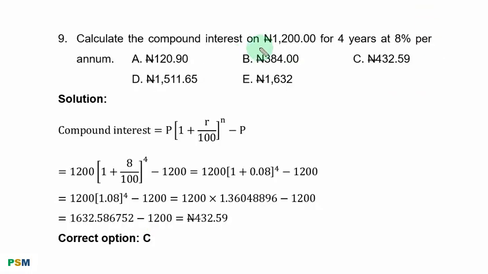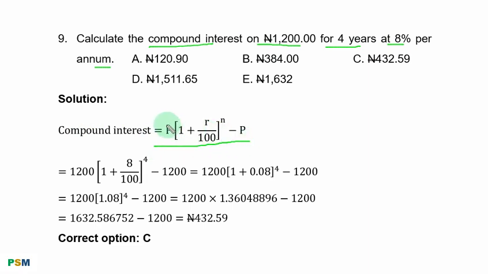Question 9. Calculate the compound interest on 1,200 naira for 4 years at 8% per annum. Solution. The compound interest can be calculated using this formula.